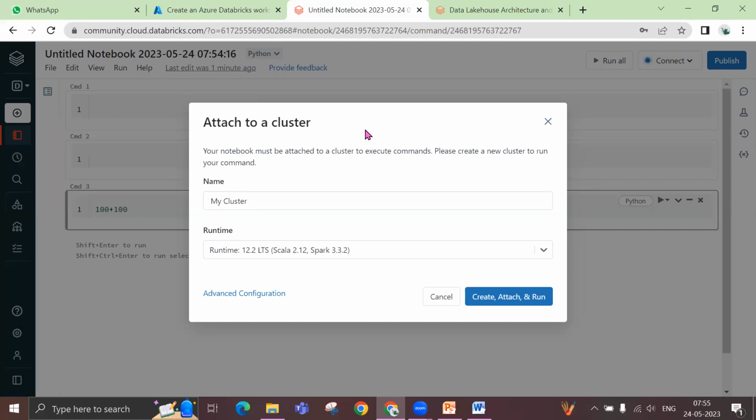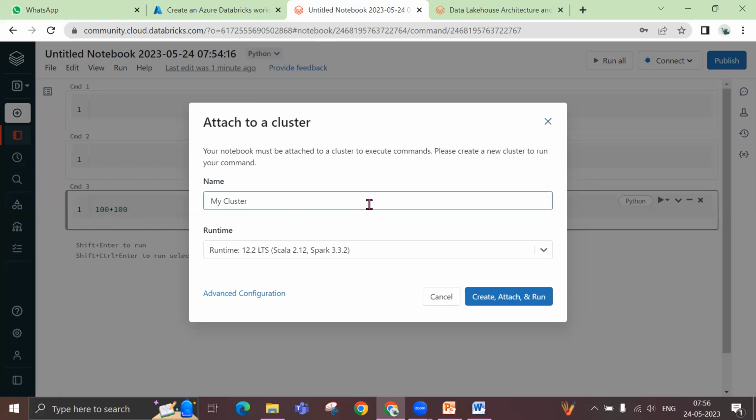Similarly, anything and everything we do in Azure Databricks needs a cluster. A cluster is nothing but compute that Azure Databricks uses internally. For example, 100 plus 100 is basically just math, but even for this it needs compute to calculate it.